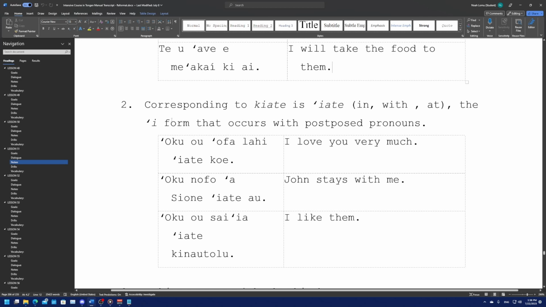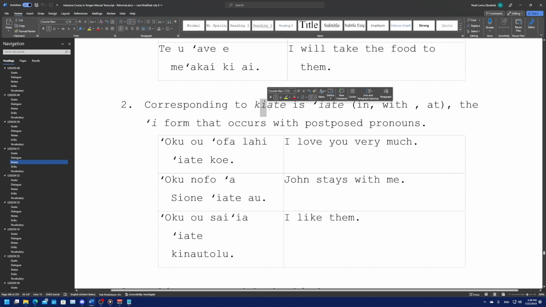Okay, and then just like kiate, which is for the postposed pronouns, we also have iate. And so ki, e, and me work just like this. They all end with i, and everything that comes after that is easy to remember because it always just ends in i or something gets added.